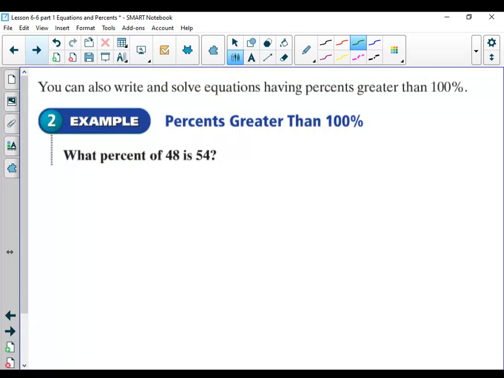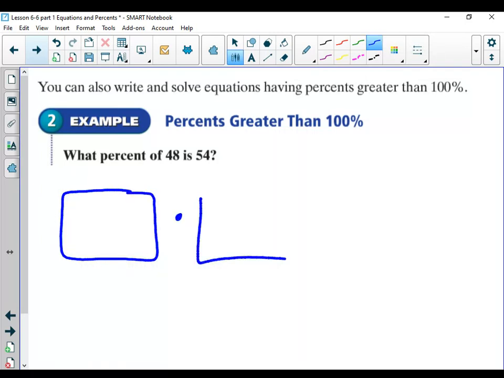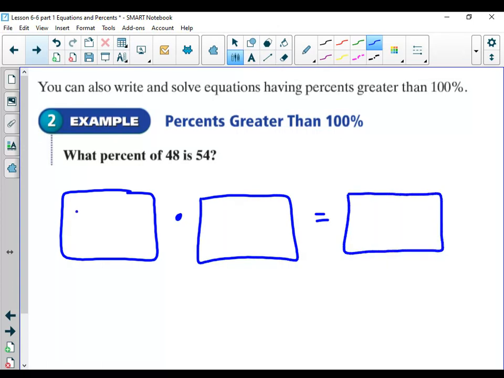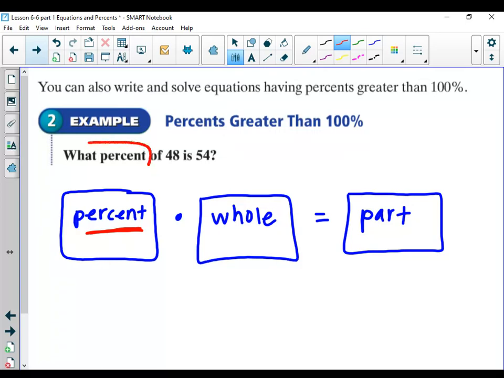Box 3. So I need a percent for this box. What percent? You mean it's missing? Okay, then my percent must be my variable this time.